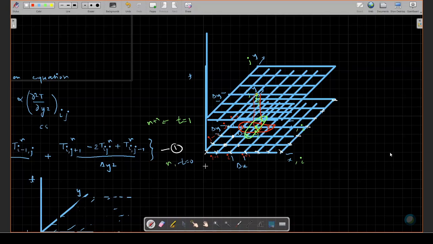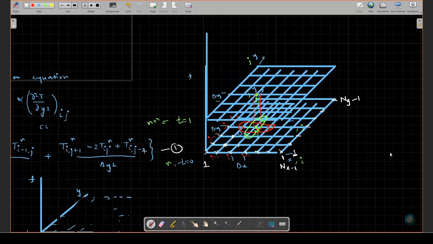Now suppose we are moving from 1 to nx minus 1. So this is our last point, this is our first point. And in case of j, say we are moving again from 1 to ny minus 1.